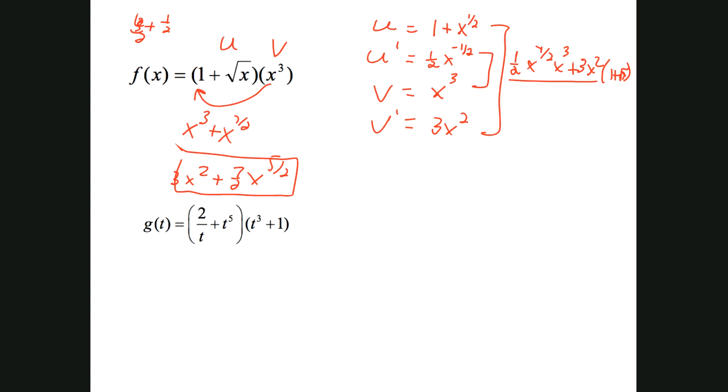Okay? And that's why when you're doing the product rule, it's better if they gave you problems like this, where you have the sine of something times, let's say, natural log of x. Then it's like, okay, u is sine of x, u prime is cosine of x. So that to me makes more sense than doing something like this, because something like this I could just rewrite it as a polynomial function.